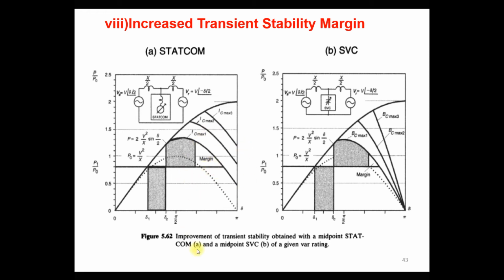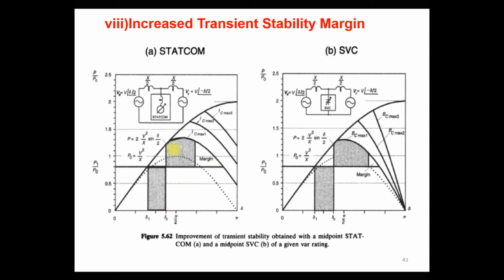Why? Because if the kinetic energy stored by this machine is not released within this area and crosses this limit, then your system collapses, and that may create a blackout or a very abnormal condition in the system.